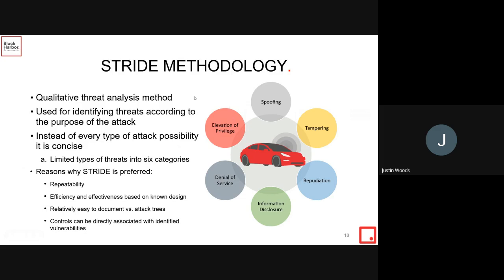So we want to look at how an attack might be performed using one of these avenues, right? Instead of using every type of attack possibility, we look at the most common and holistic types of attacks and list those 6 categories.